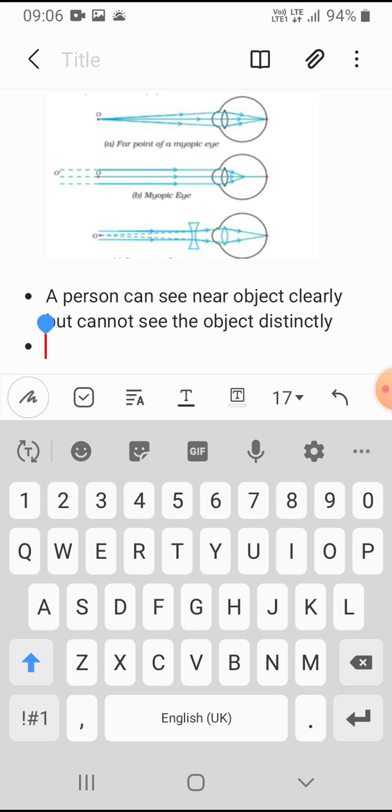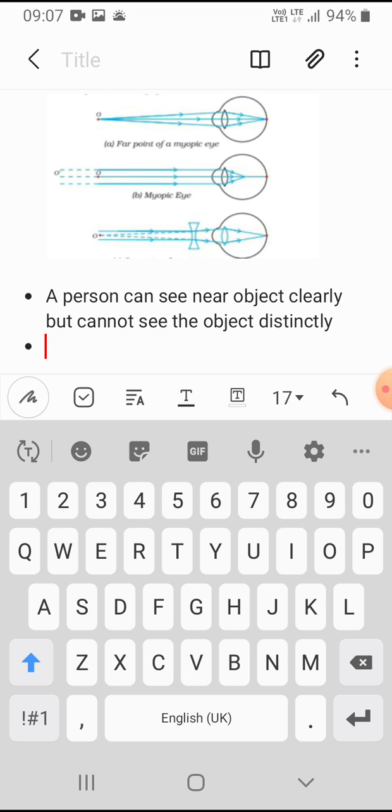He can see the nearer object, but he cannot see it very clearly. See here, you can see only a little bit. He can see here in one line, and here also it is going only one line. He can't see it clearly.